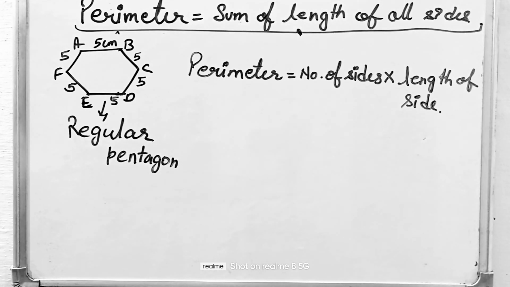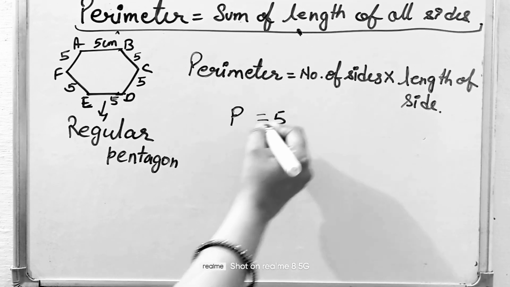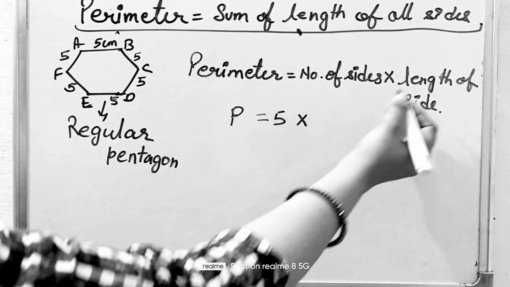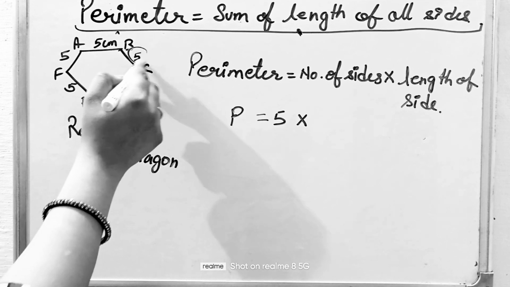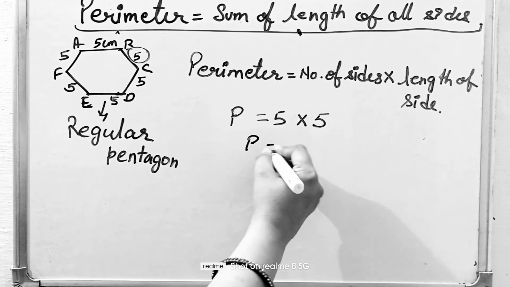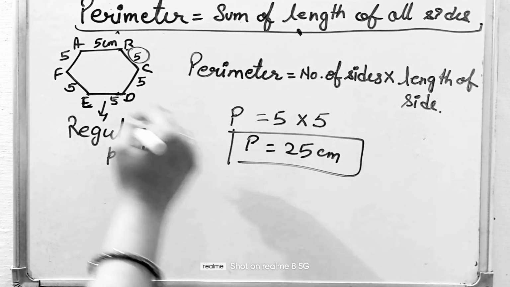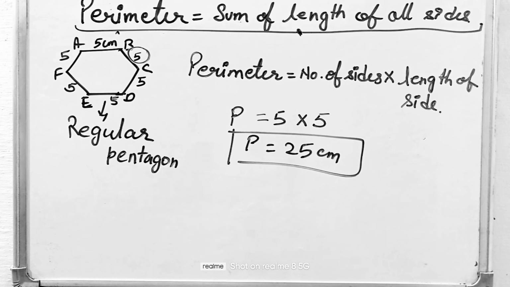This is the formula for the regular one. Now what is the number of sides here? It is 5. This P denotes perimeter. And what is the length of side? Length of side is given as 5 centimeters. So you will write 5 here. This gives you perimeter as 25 centimeters. So the perimeter of this shape is 25 centimeters.